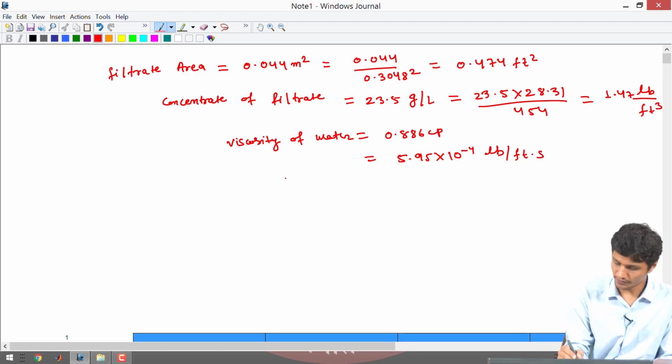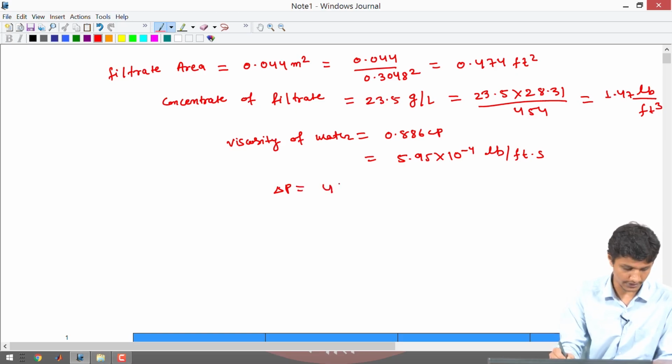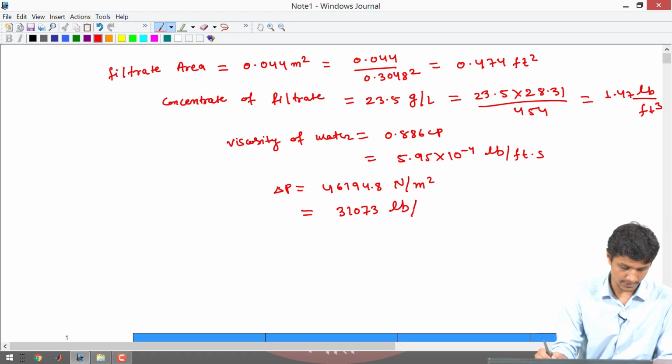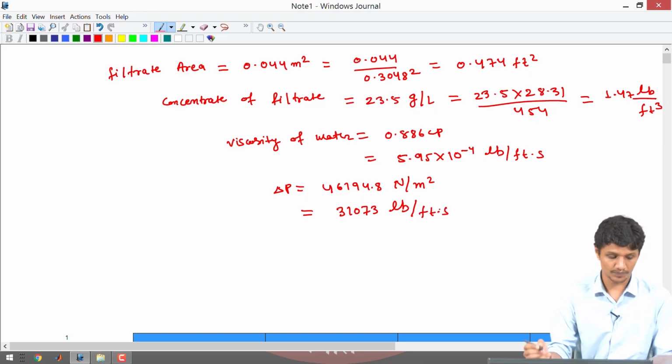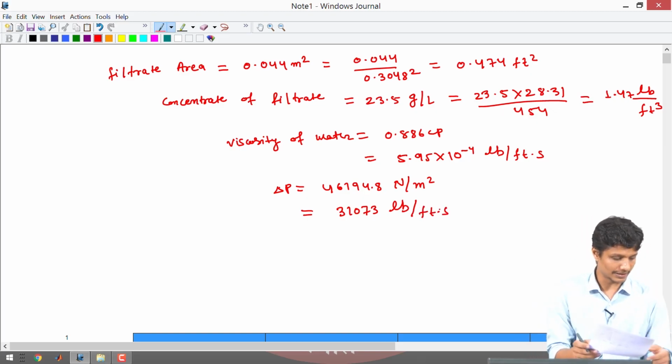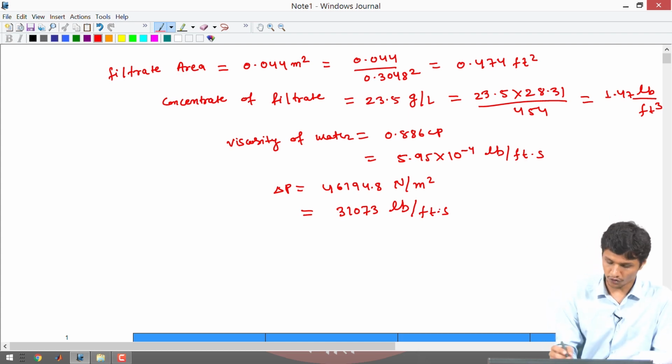And for the pressure drop also, delta P equal to 46194.8 Newton per meter square. In foot-pound system it will be 31073 lb per foot second squared.